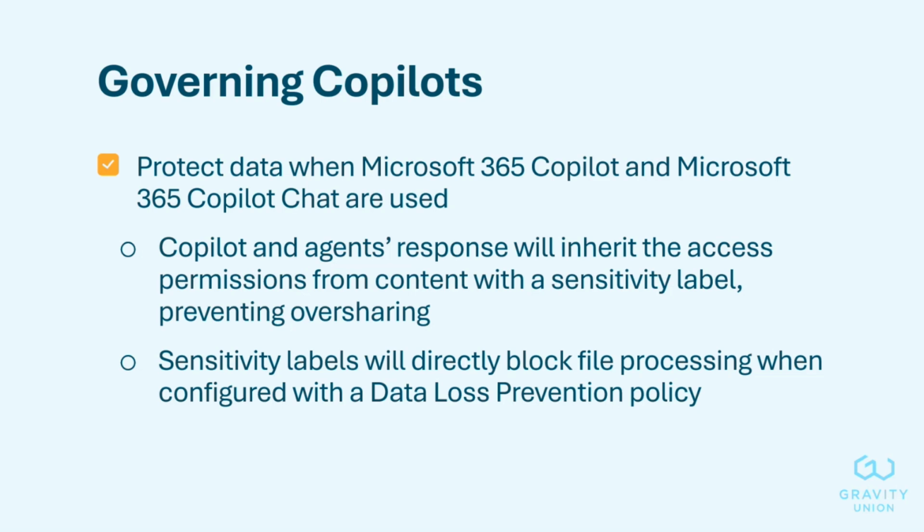Sensitivity labels can also directly block file processing when configured with a corresponding data loss prevention policy. So another facet of Purview. Sorry, I know this is very high level and a lot of information, but data loss prevention is another module there. They can work in tandem with each other.